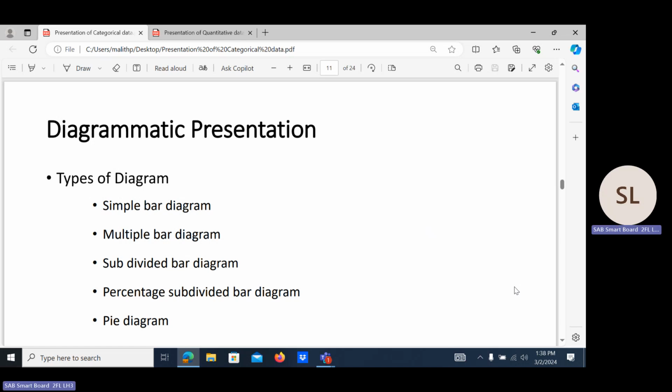Another one is we can use the diagrams. Diagram means the visual form of presentation of the statistical data. That's a picture, no? Normally diagram means there's a picture. That we call diagram.